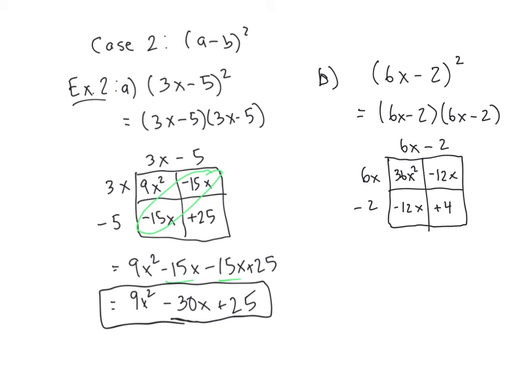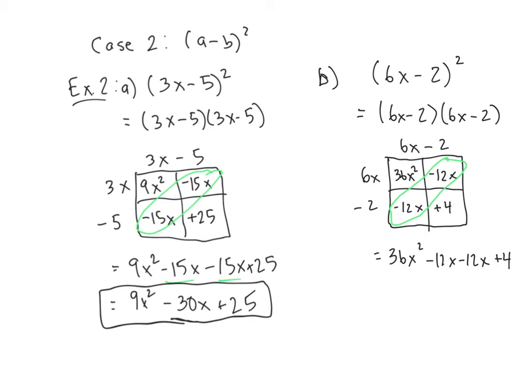So you can take a look at that box. Should end up with something that looks like that. Again, when I multiply into those boxes, I'm always going to end up with a like term here on that diagonal. So when I go to add up my boxes, I have 36x squared at the top left. I have a minus 12x and a minus 12x. And you'll notice that in these special cases, those boxes end up being the same thing. And then plus 4.